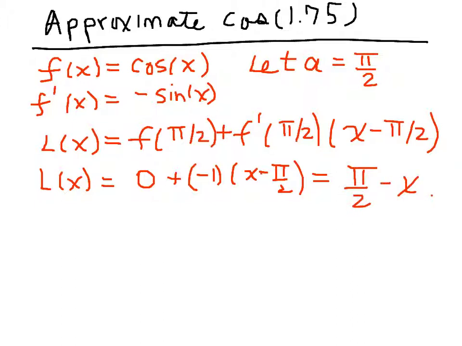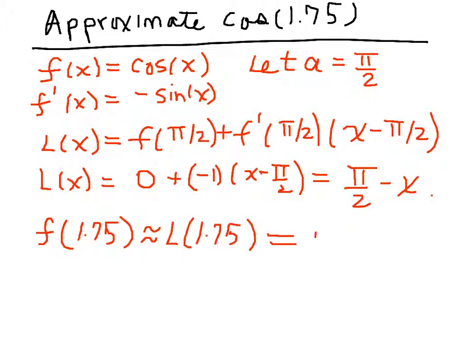So there's our expression for the linearization of cosine x at pi over 2. And so we're going to approximate f(1.75), which is cos of 1.75, with the linearization at 1.75, and that turns out to simply be pi over 2 minus 1.75. So this number is a pretty good approximation for the cosine of 1.75.